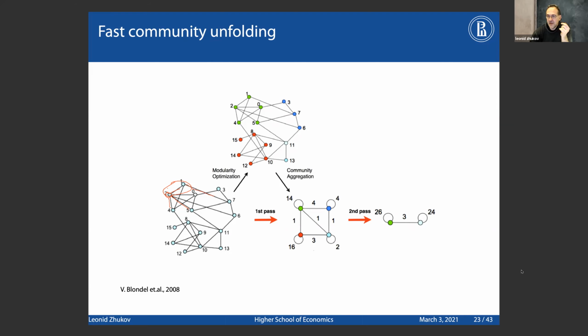But if I start with node 5 instead, it could be that node 5 says, hey, we're better with some other node, and it might happen that this node will form a cluster.